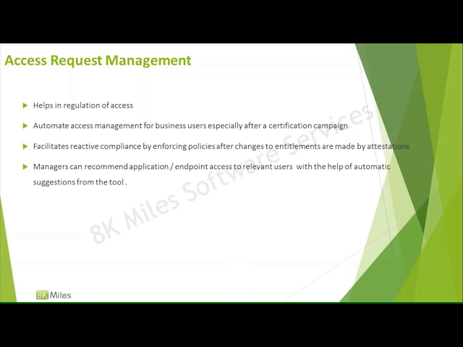But this particular tool can find it out and tell the manager that, hey, this guy is lacking that, and immediately that can be approved, and also an automatic trigger can go for that request. So this is a critical piece of governance, and it's a good best practice.